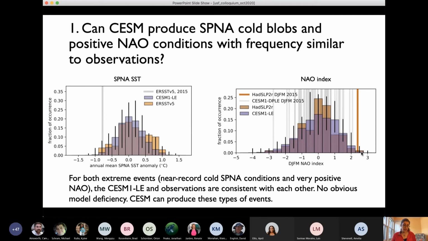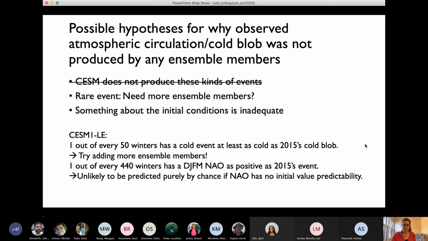To the best of our ability, at least from this cursory glance, it looks like the CESM is doing okay with producing both subpolar cold events and strong positive NAOs. Both are rare, but CESM can produce these kinds of events. So we're going to get rid of that hypothesis that CESM just can't make a cold blob.